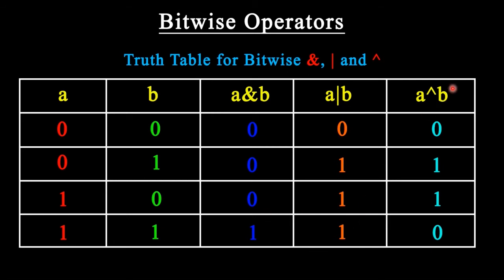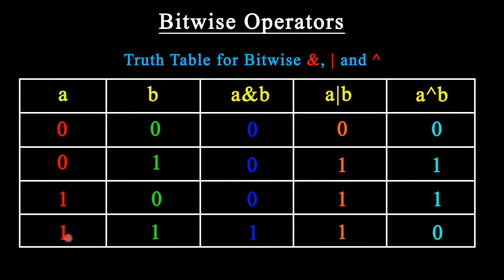Now let's see A bitwise exclusive OR B. In this case, if the value of A is 0 and the value of B is 0, it will give us 0. If the value of A is 0 and the value of B is 1, then it will give us 1. Again, if the value of A is 1 and the value of B is 0, then it will give us 1.